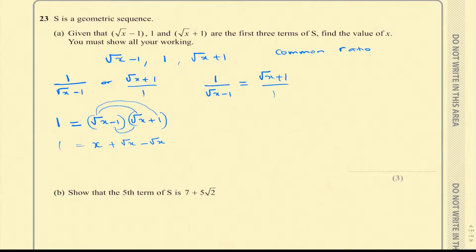If I do minus 1 times 1, I get minus 1. Root x cancels root x because it's plus and minus, so I get 1 equals x minus 1. Therefore, x equals 1 plus 1, which is 2. So the value of x is 2.